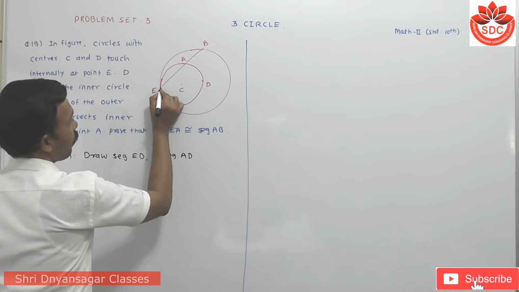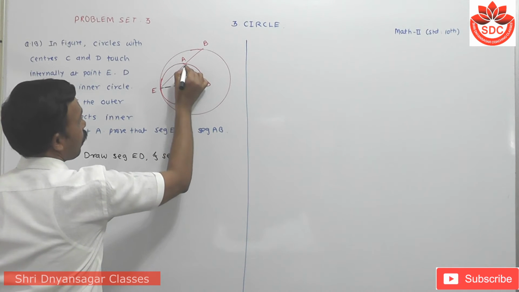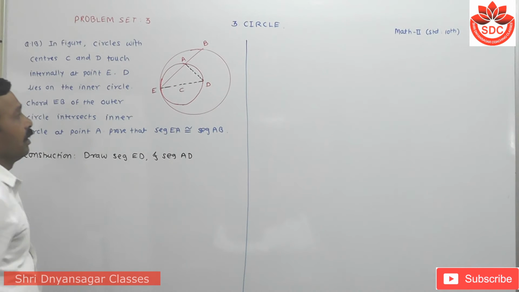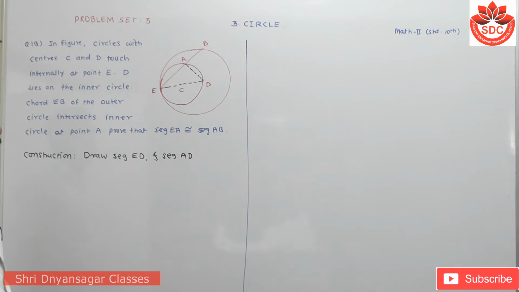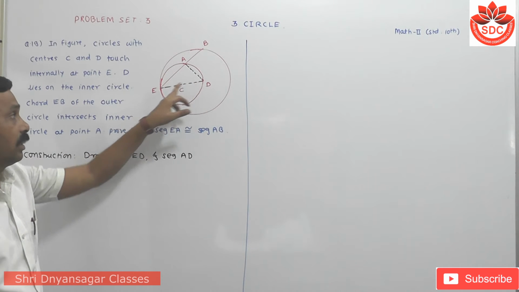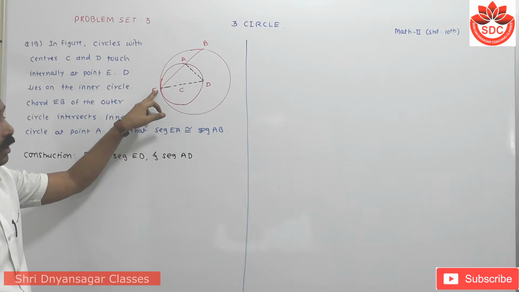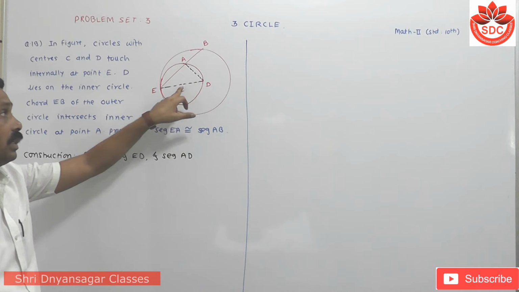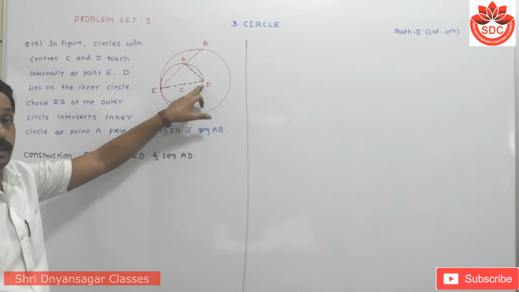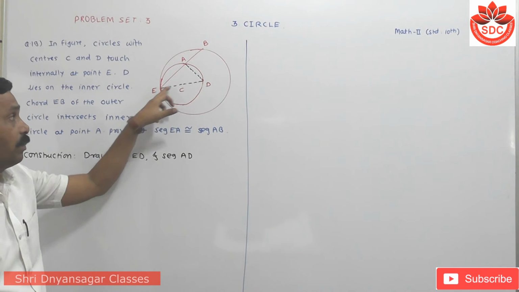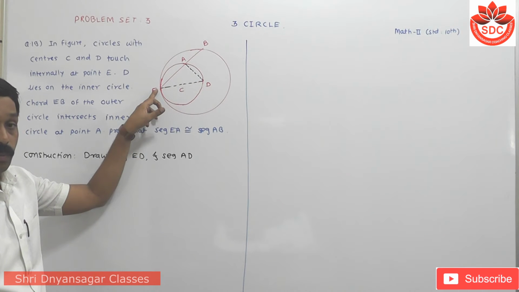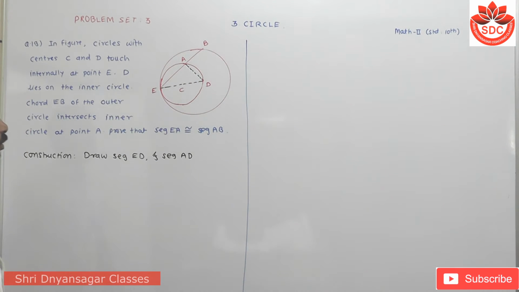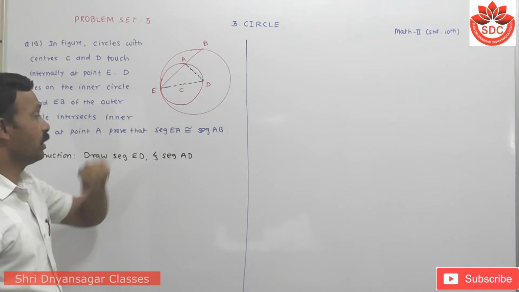When we draw this segment, E, C, D are collinear because this is the center and this is the point of contact. Means that the line passing through the centers of the circles, C and D, and the point of contact are collinear. So by using the touching circle theorem, these three points are collinear.